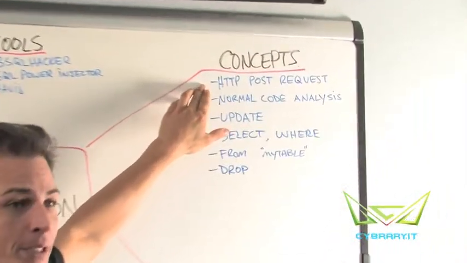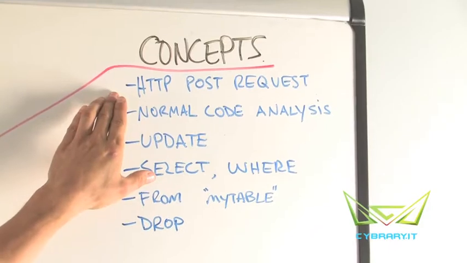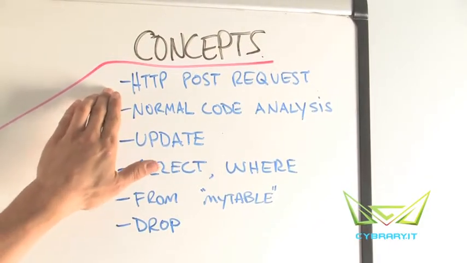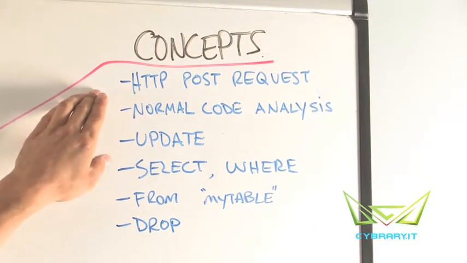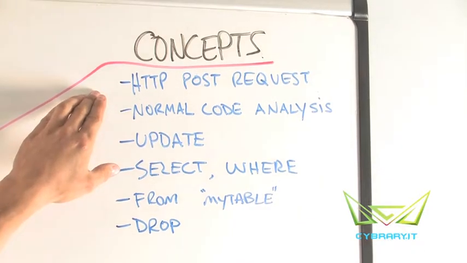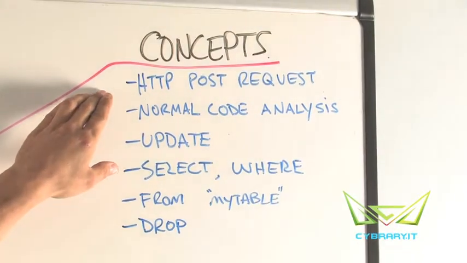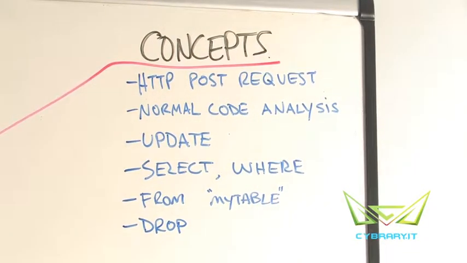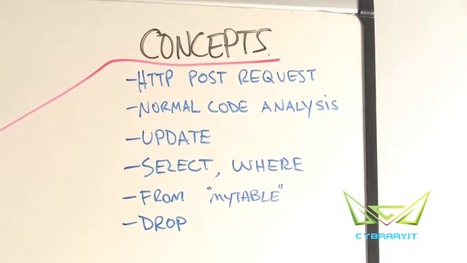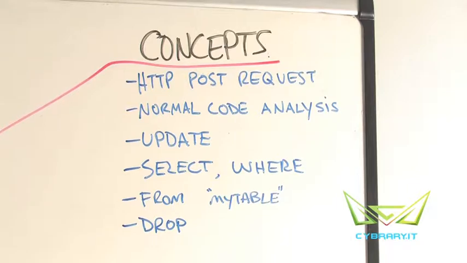Okay, so concepts here. Ultimately you have to be able to analyze between the client and the server, and that all starts with something as simple as an HTTP post request. This is where we can sniff traffic and analyze that request. It could be a network sniffer like Wireshark or tcpdump, but it also could be a tool like the Burp Suite to dissect this client to server traffic.